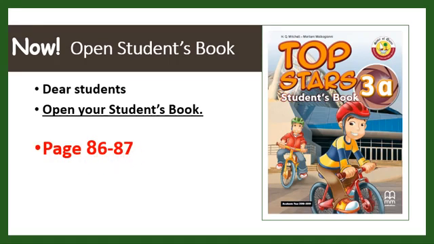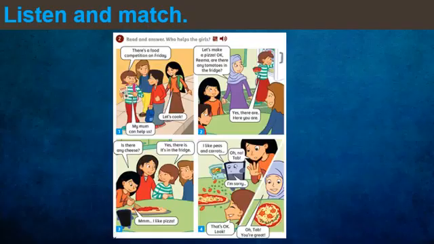We will continue the lesson by looking at these pictures, these frames, and see what's going on and how it is related to food. Look at each picture first and see what's going on.